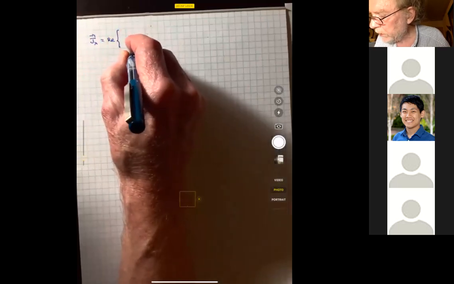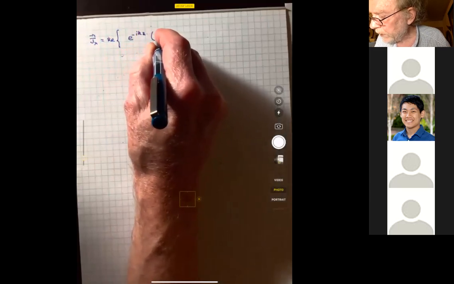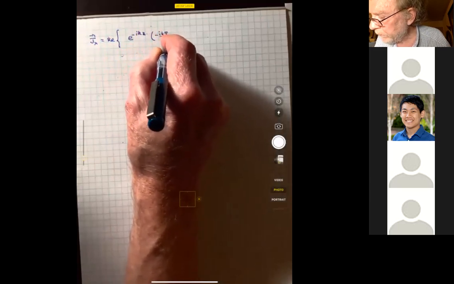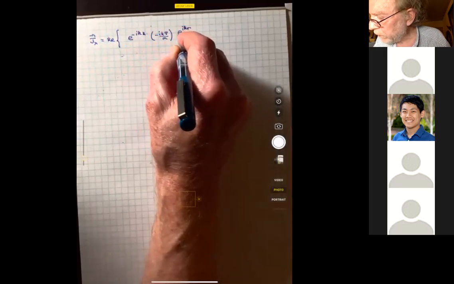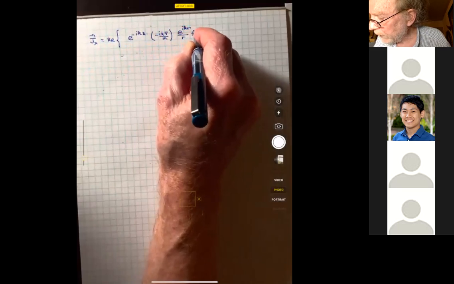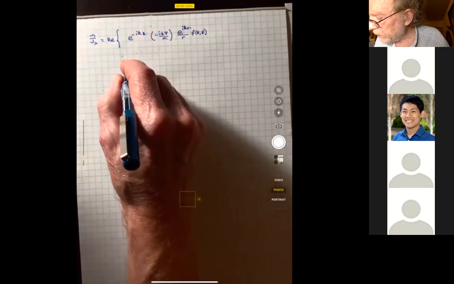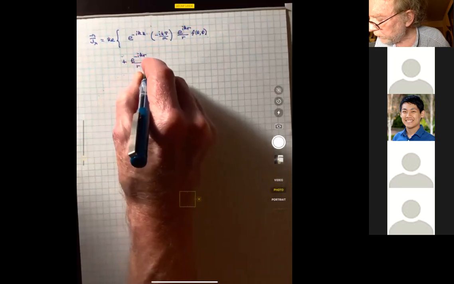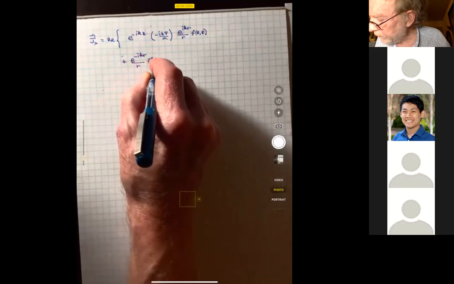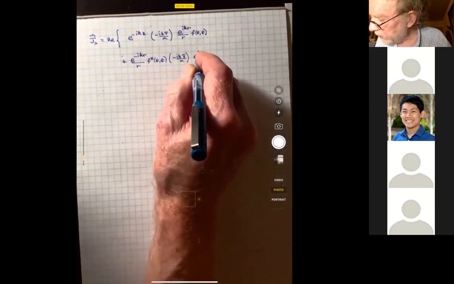One is e to the minus ikz, and then we've got minus i h bar gradient over m, multiplied onto e to the ikr over r times f of theta and phi. And then we add to this plus e to the minus ikr over r times f star of theta and phi, times minus i h bar gradient over m times e to the ikz.